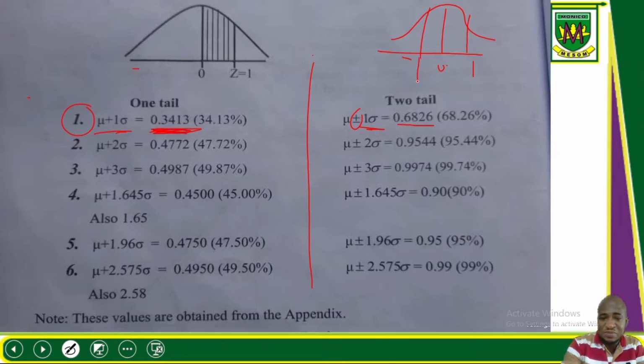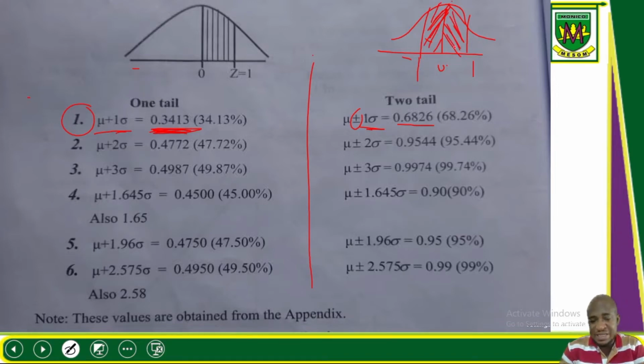So this, the mean plus or minus 1 standard deviation two-tailed, as we can see at the right side, has to do with moving to both the left and the right side at the same time. And we want you to compute the space covered.